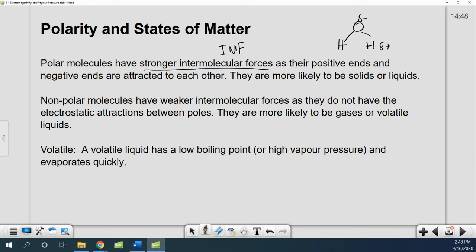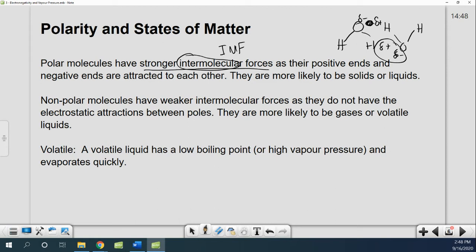If I were to line another water up like this, look at that. My positives and negatives are attracted right here, delta negative, and these ones are attracted right there. They're going to stick together. They've got a lot of intermolecular forces there. We got a lot of positives and negatives in between the molecules, intermolecular, holding them together.